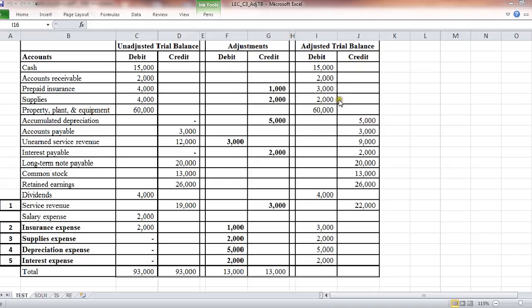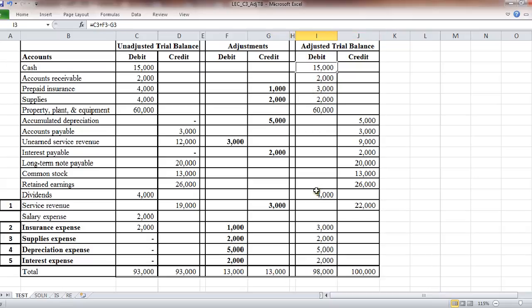And what do we have to add? Let me see. We want to put these sum formulas here. Okay, so something has gone wrong here because our balance isn't balancing, 98 and 100,000.